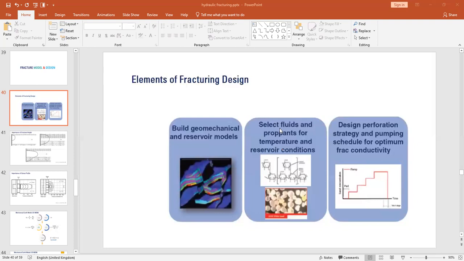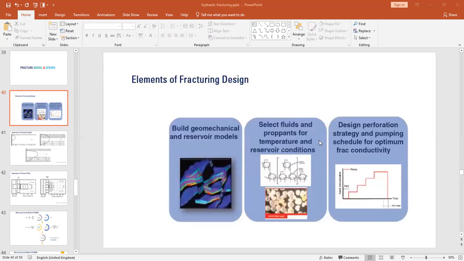Then you need to design the perforation strategy and the pumping schedule. The pumping schedule gives us an idea of how the pumping will take place, how long the pumping will take place, which of the steps will be longer than which, and all of that. So it gives us a clear picture of how you intend to do that.